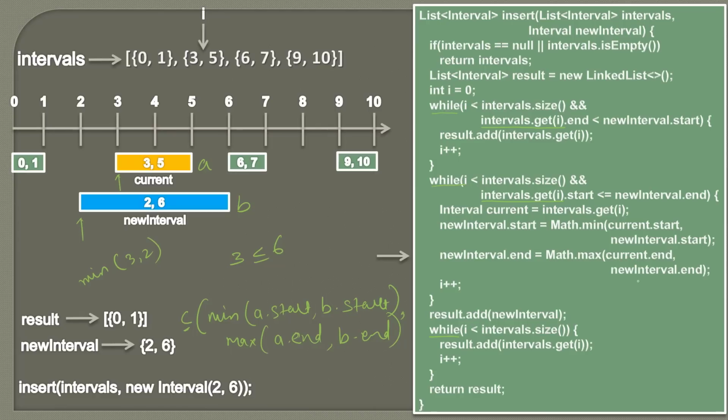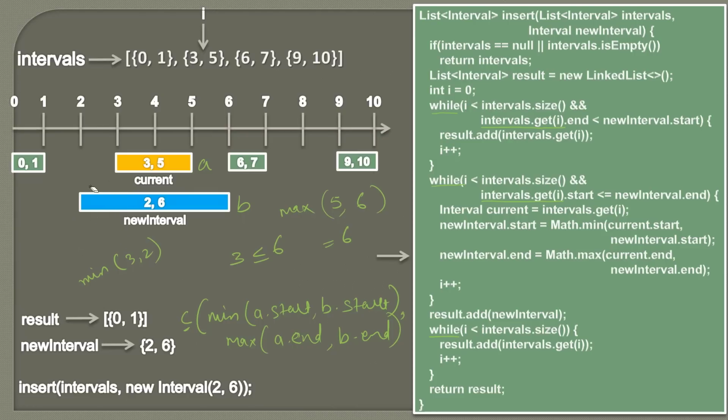So current dot end and new interval dot end, we take max of it. So current dot end is 5 and new interval's end is 6. So if we take max of it, we get 6, which is assigned to new interval dot end. So new interval's end doesn't get changed because it is already 6. So it means we have merged these two intervals and the resulting interval is same, 2, 6.